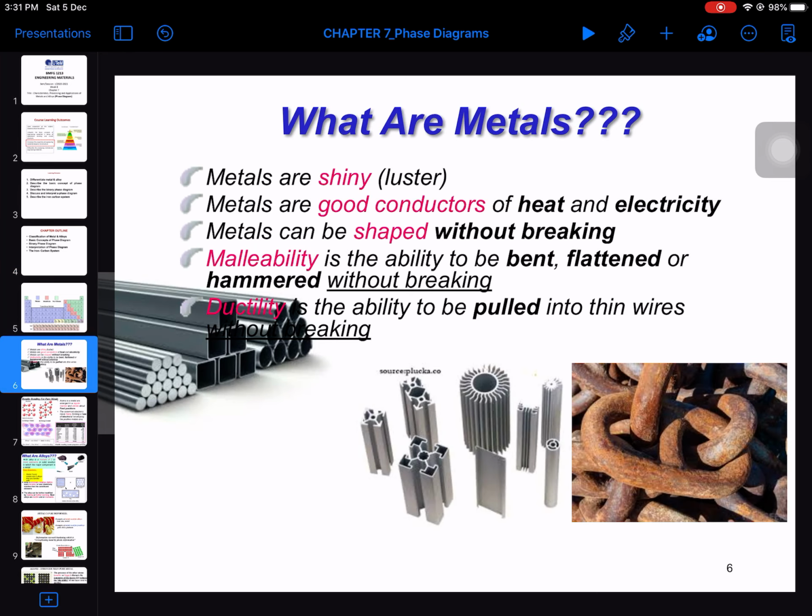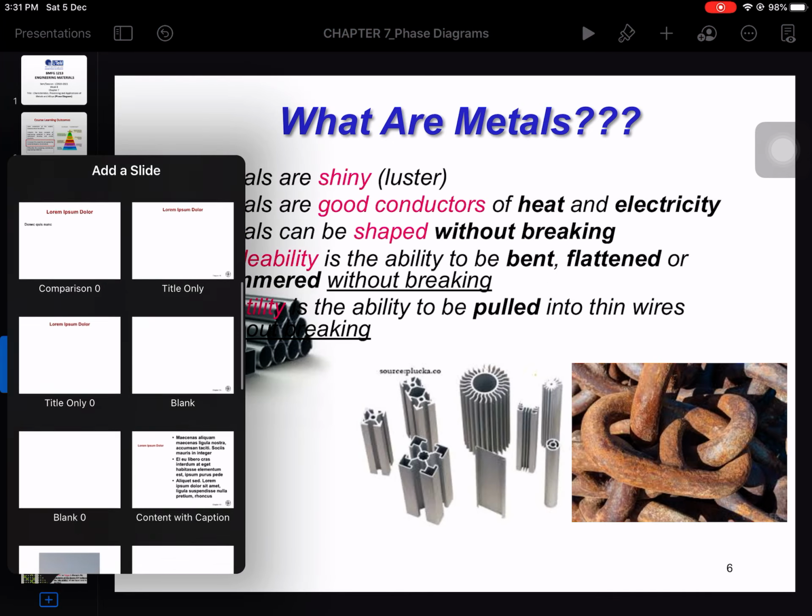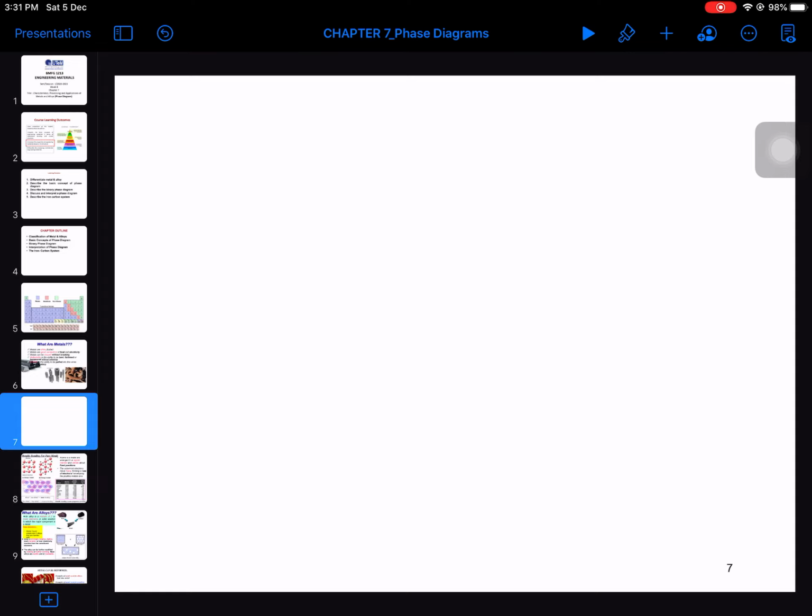Next, we are asked, what are metals? Before you can actually answer this question, let's go back to chapter 1. In chapter 1, you did the classification of materials in general.